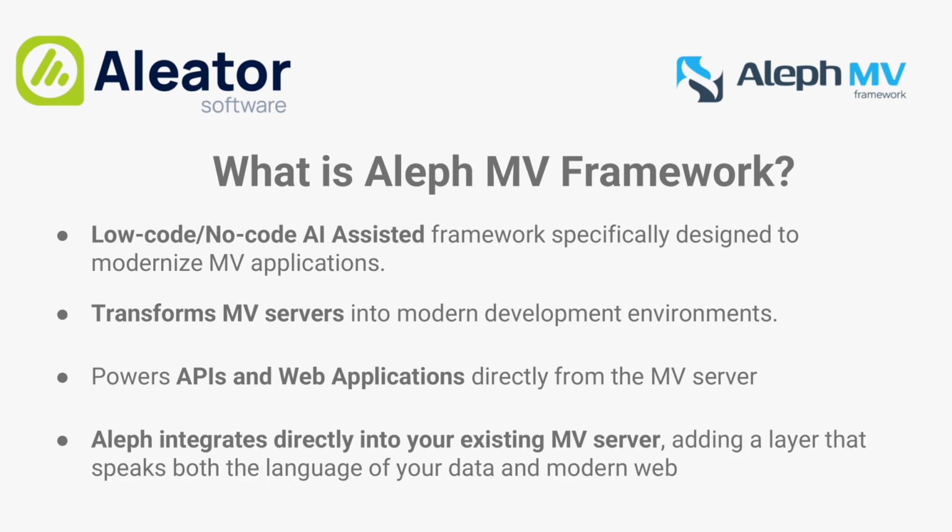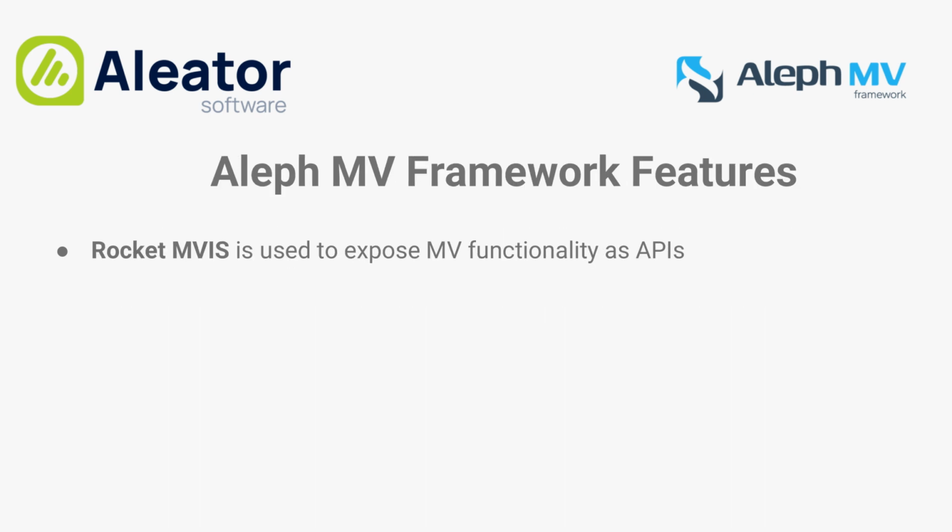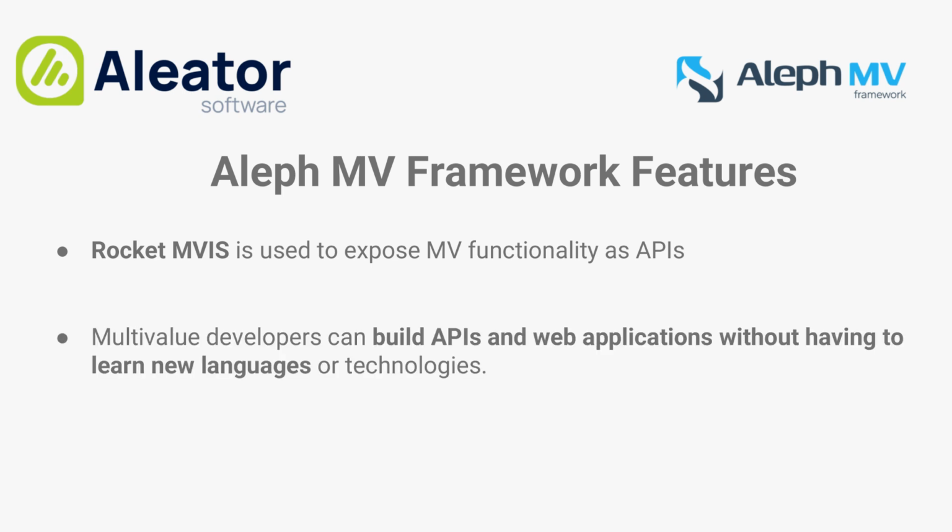Aleph integrates directly into your existing MV server, adding a modern layer that speaks both the language of your legacy data and the language of the modern web. Using Rocket MVIS, Aleph creates standard APIs that expose MV data and functionality to different types of API clients, web applications, external applications, and AI.